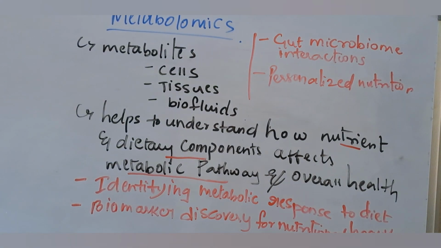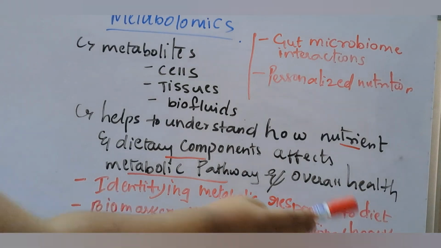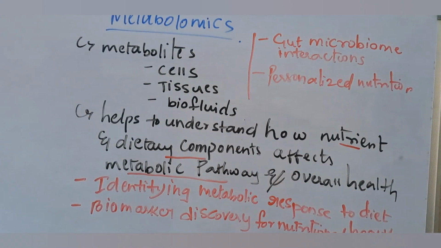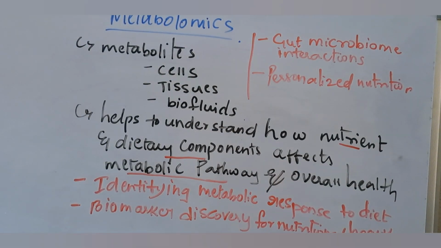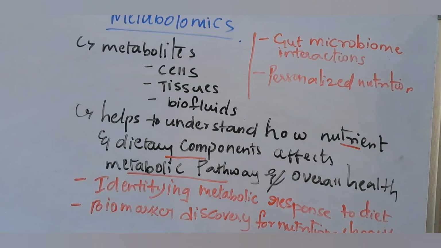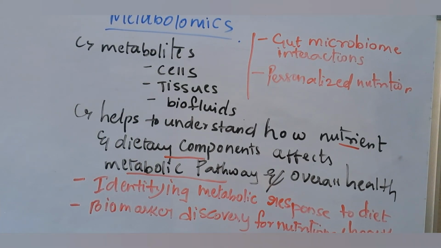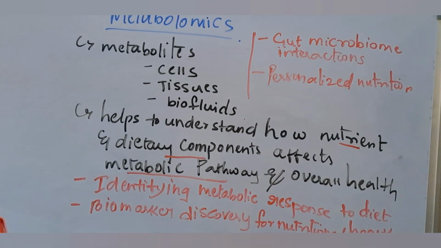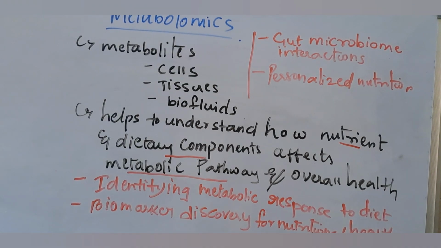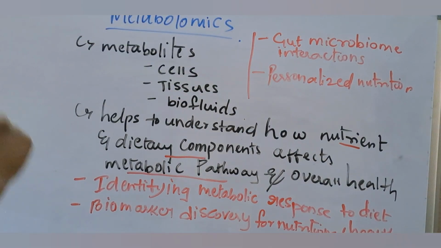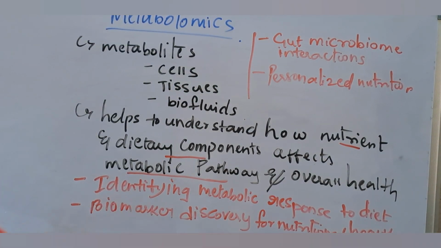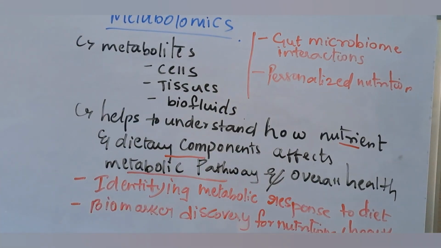Okay, and also it helps to understand biomarker discovery for nutritional health. So what does biomarker discovery for nutritional health mean? Generally each and every individual can have common lifestyle disorders like obesity, diabetes and CVDs, right? So metabolomics helps to identify biomarkers of nutritional health.